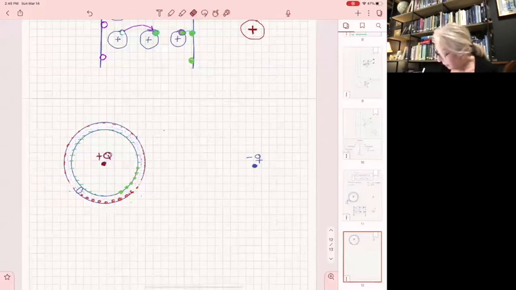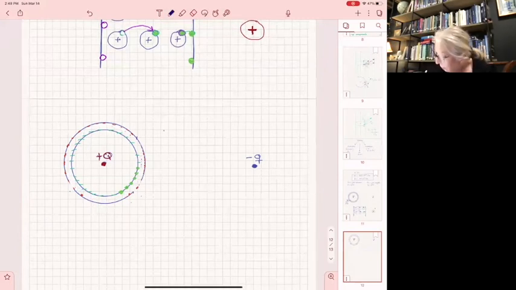I'll remove this. And now what you will see in this case is all of the positive holes here distributed.